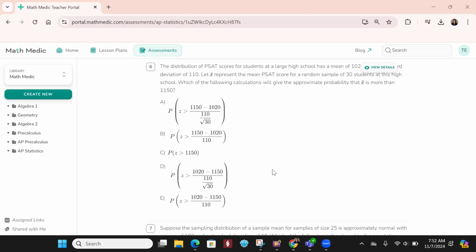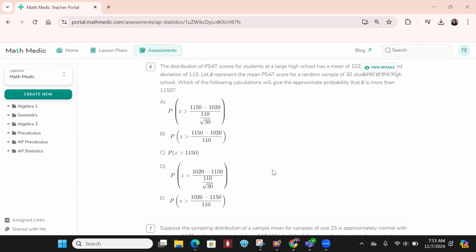We literally said we're skipping number 5 because we're running out of time. All right, on 5, part A is 0.5251.